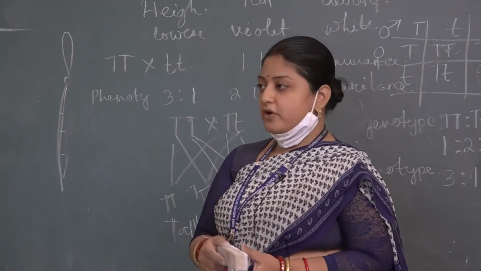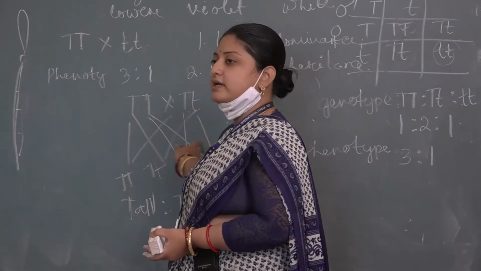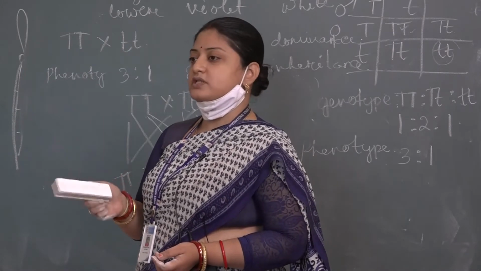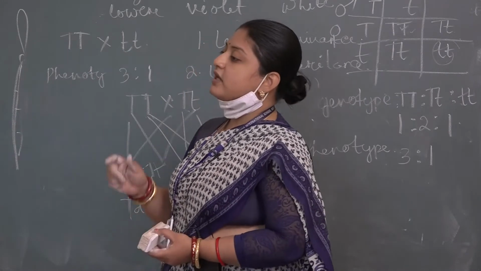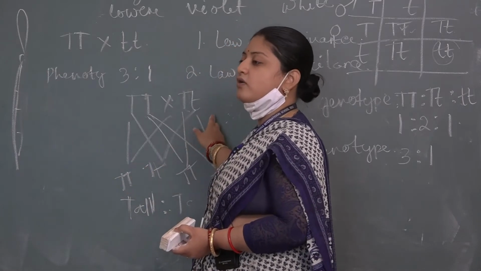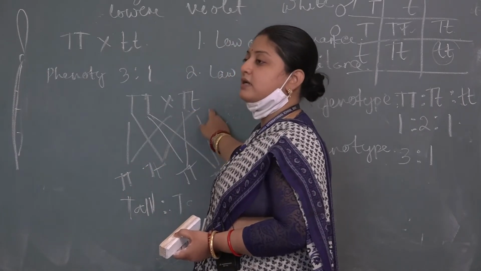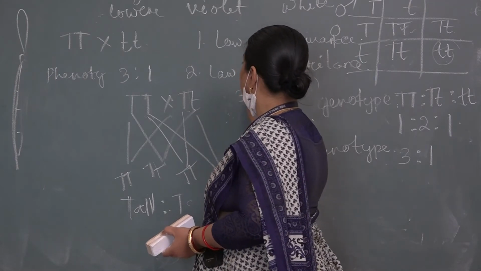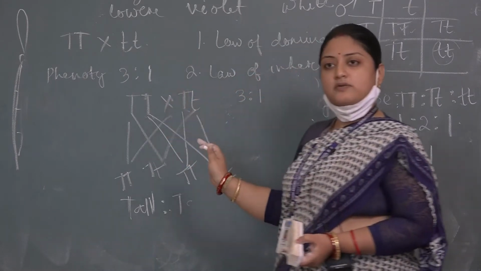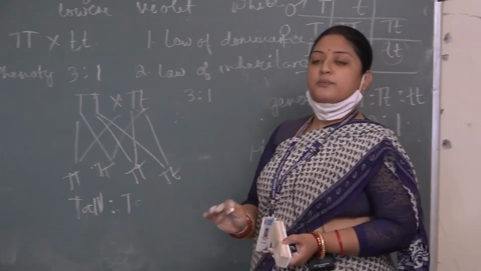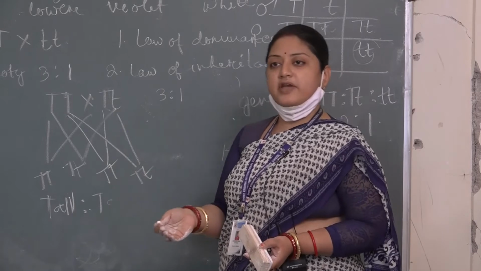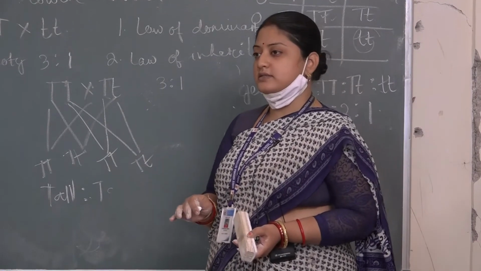But from this we got an idea that if capital T is crossed with small t, the F1 generation will contain tall plants and dwarf plants in the ratio of 3:1. But in the next generation the dwarf character may arise again.